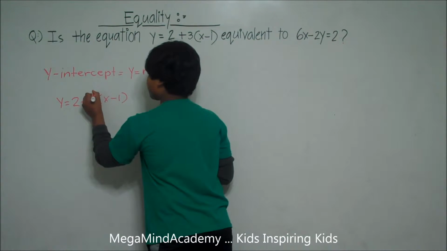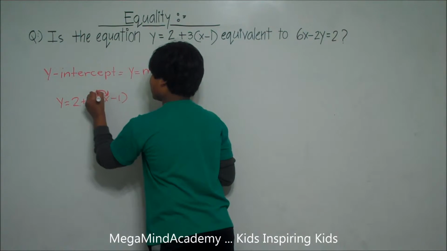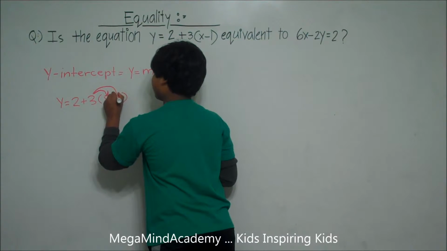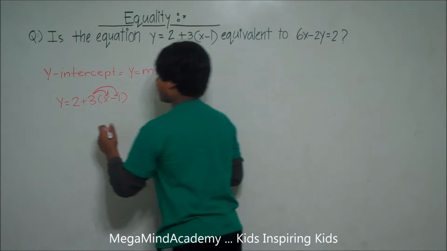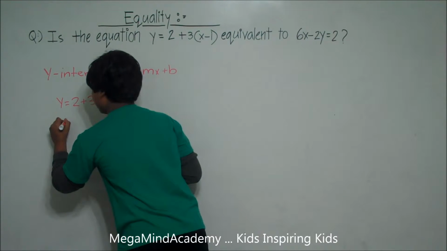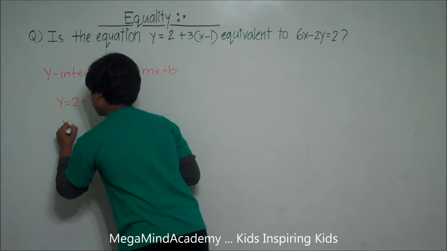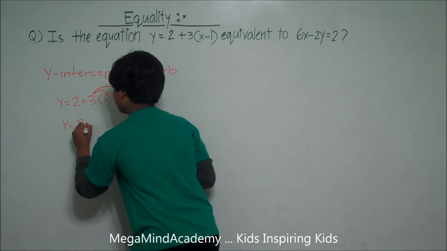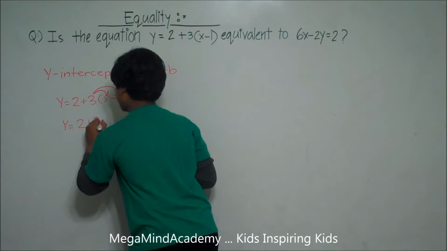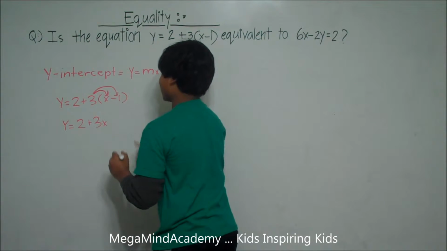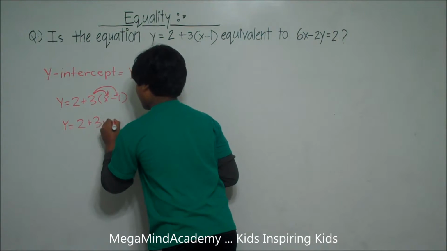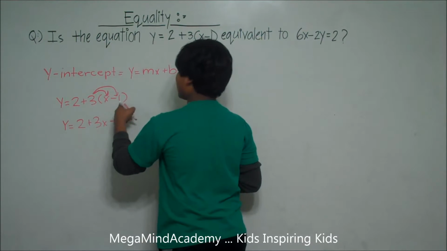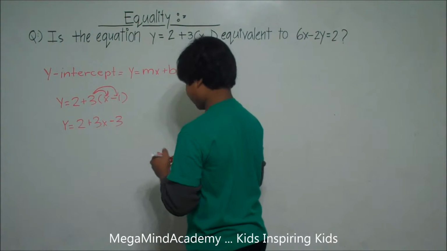We distribute 3 with x and 3 with negative 1. So we're left with y equals 2 plus 3x minus 3, because 3 times x is 3x and 3 times negative 1 is negative 3.